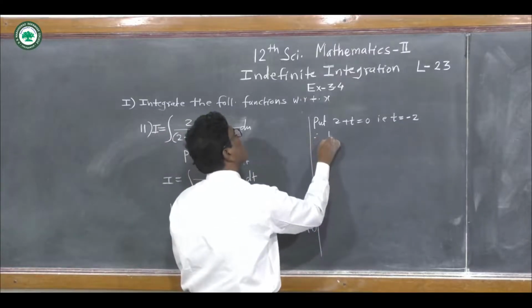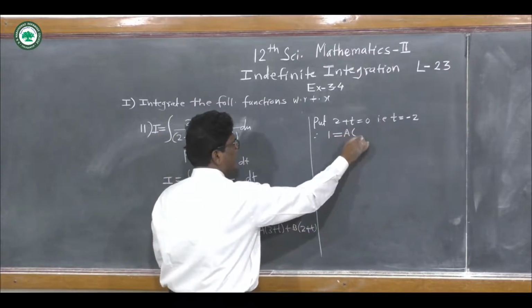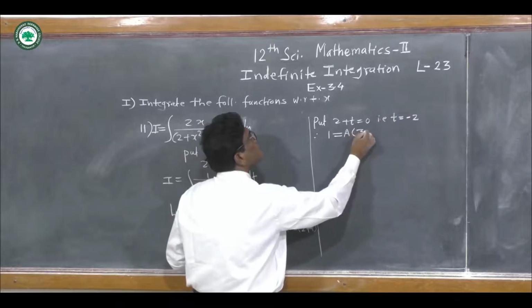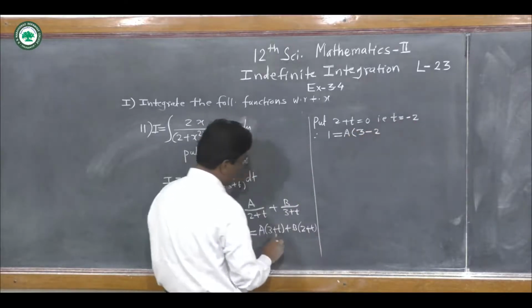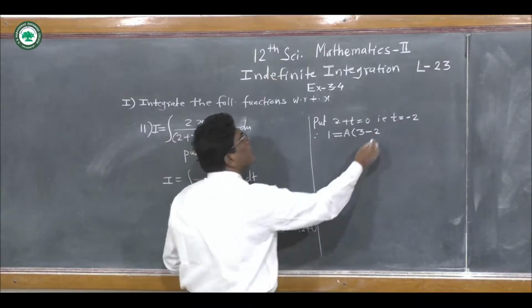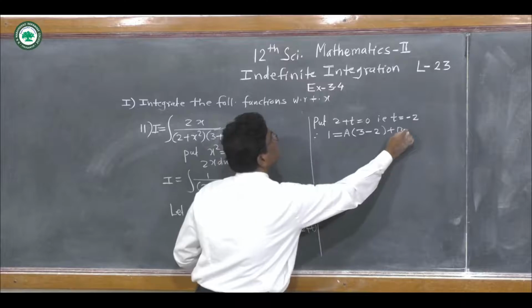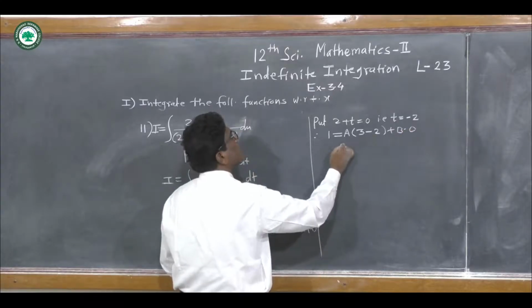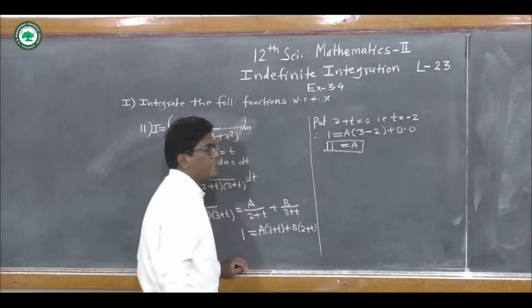So we get 1 is equal to a into (3 plus t), so 3 plus minus 2, and plus b into (2 plus t), which is 0. So 3 minus 2 is 1, so 1 into a, so a is equal to 1. We get the value of a as 1.